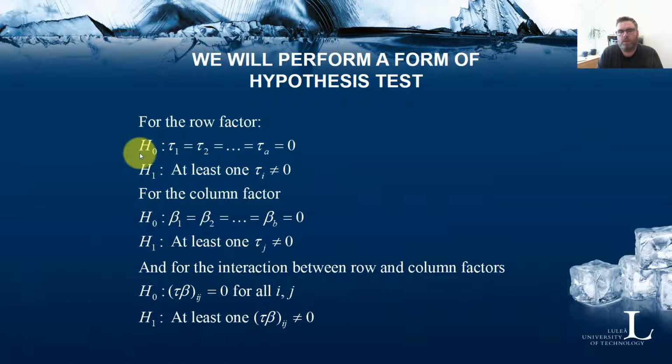All of them are 0, and the alternative hypothesis is that at least one of the tau i's is different from 0. And the same procedure goes for the column factor and for the interaction between row and column factors. So what we will do in the ANOVA is a form of hypothesis test related to these 3 components.